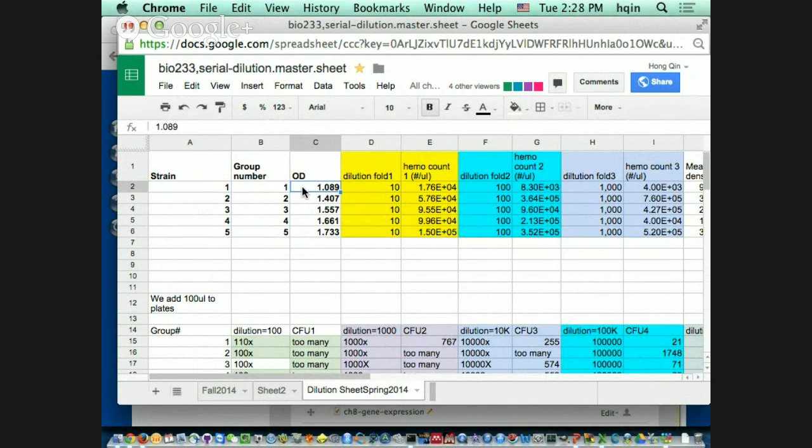Wait a minute. Hold on, that's the OD number? 1.087. That doesn't look right. Someone seems to have changed the number.